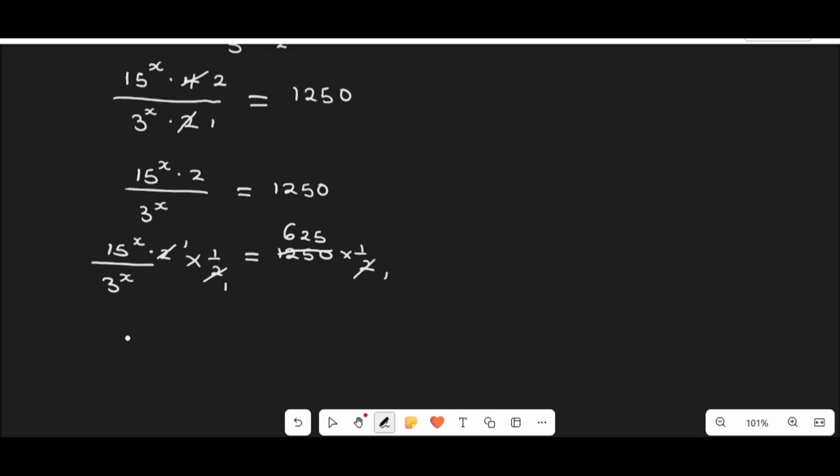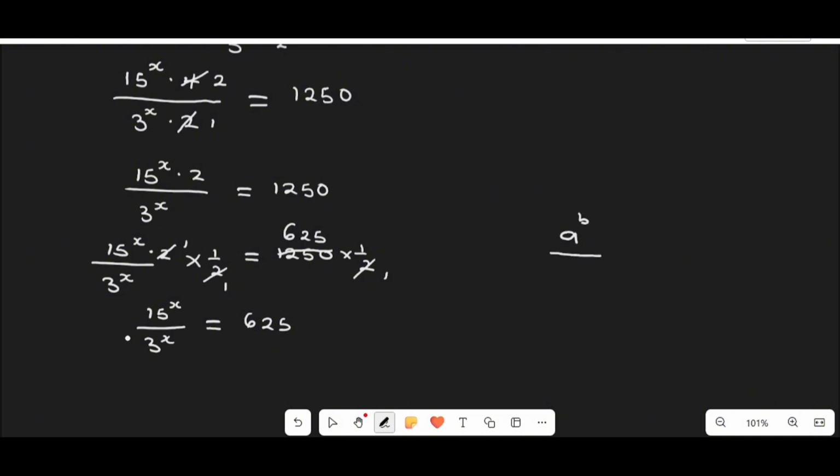So the equation becomes 15 raised to power x over 3 raised to power x equal to 625.